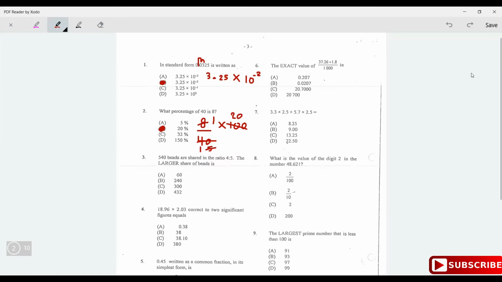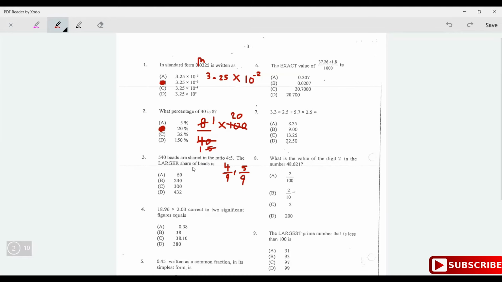Nice. Now this question, it says 540 beads are shared in a ratio of 4 to 5. So that means that 4 plus 5 is 9. So one person gets 4 over 9 of the beads, and the next person gets 5 over 9 of the beads. And then it says 540 is the total amount.